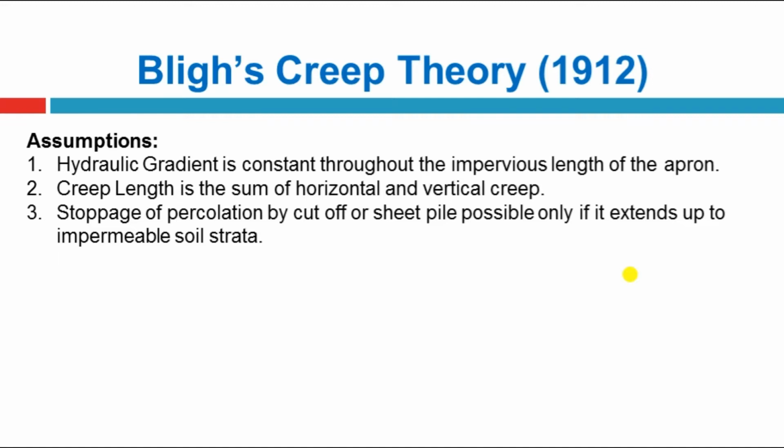Creep length is the sum of the horizontal and vertical creep. Stoppage of percolation by a cutoff or sheet pile is possible only if it extends up to the impermeable soil strata.